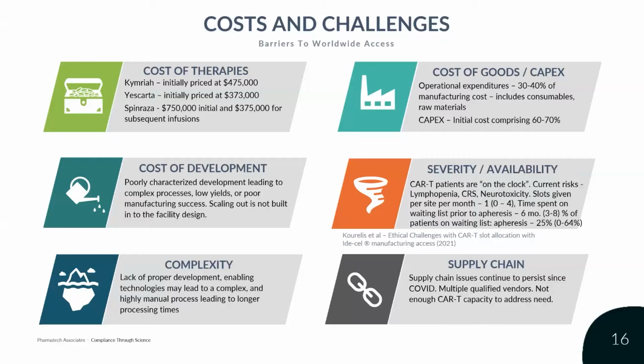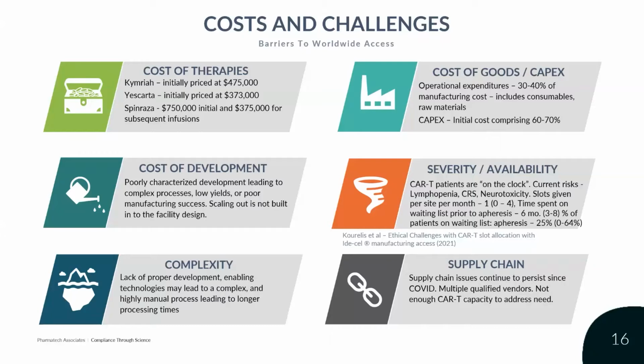So we have this ethical challenge of, the cost is prohibitively high. The patient is essentially in a very progressed disease state and requiring some sort of therapy very quickly. So what can we do on the science aspect is the question we're asking today.